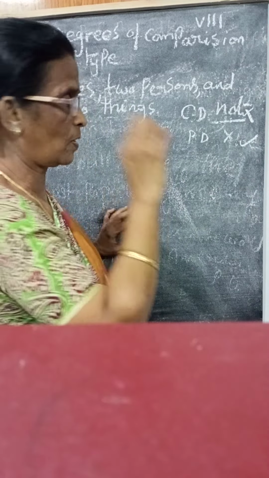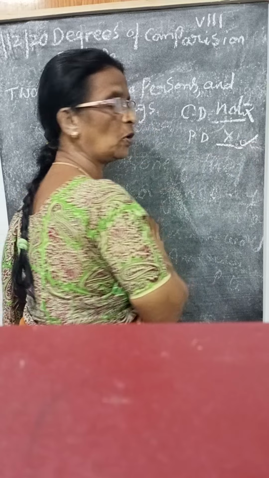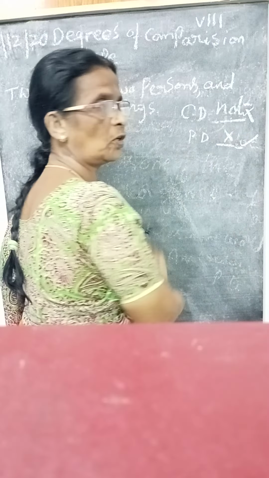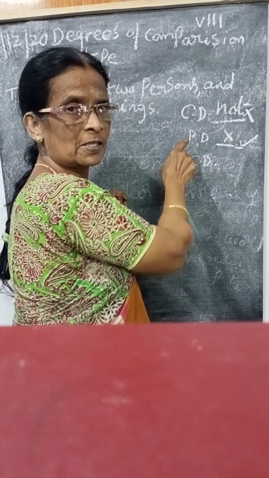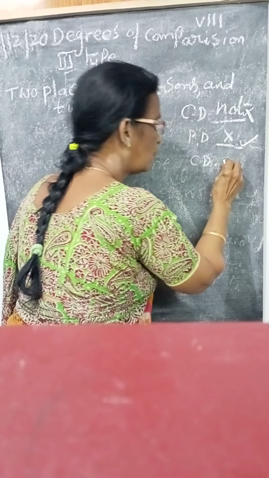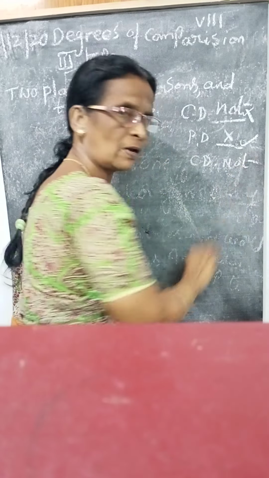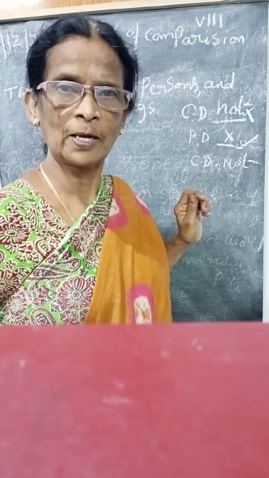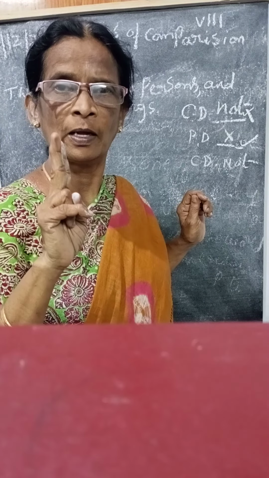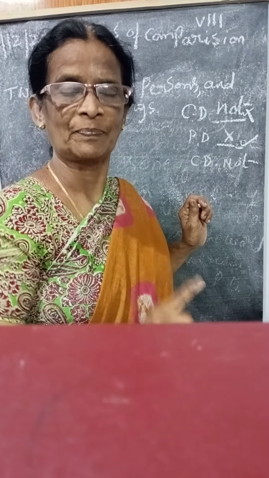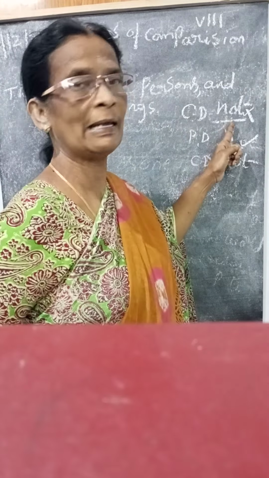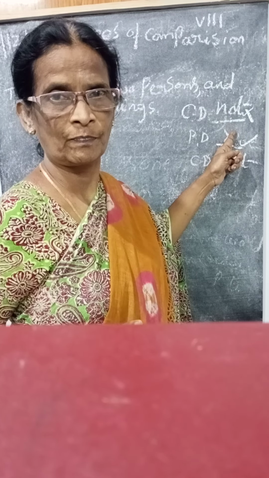Next, if there is no negative, you are going to change the comparative degree to the positive degree with negative. Have you understood? Only two clues you have to remember. Number one, which degree it is, and next, is there a negative or not?